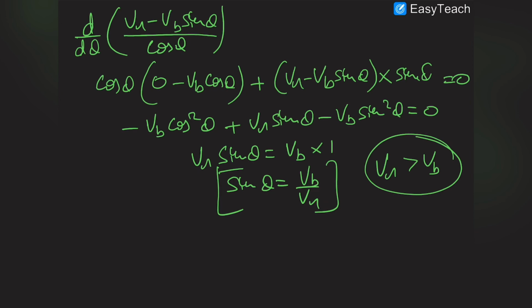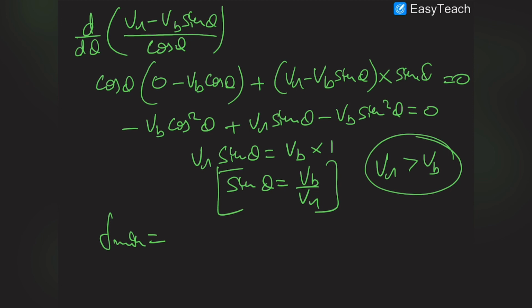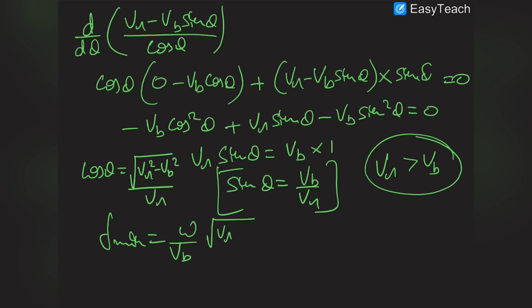So now to find out that minimum drift, we can substitute these values into this expression. So it is W by VB cos theta. So del minimum would be W by VB, and cos theta will be equal to under root of VR square minus VB square by VR.